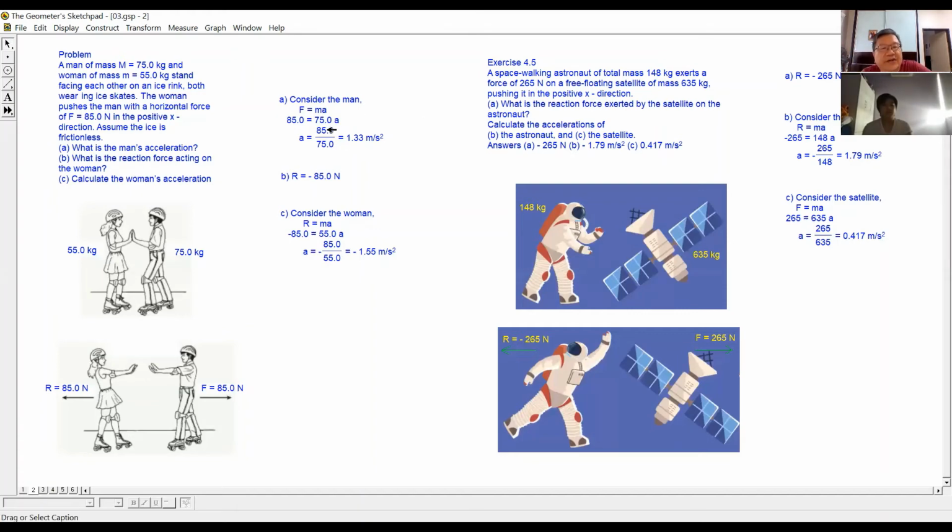So acceleration is 85 divided by 75. So it is 1.33 meter per second square. Note that this is a positive number, so that means the man will accelerate in the positive direction.